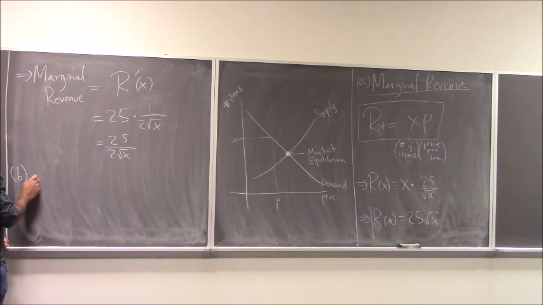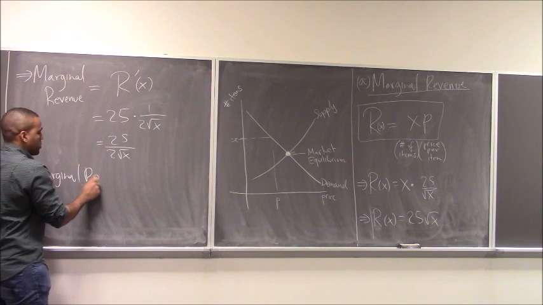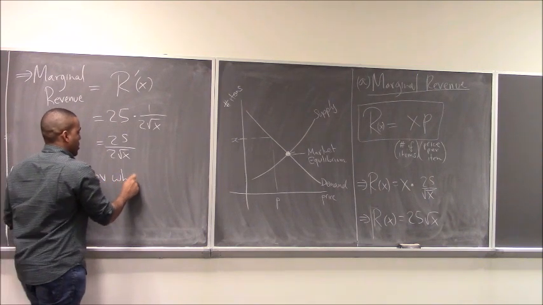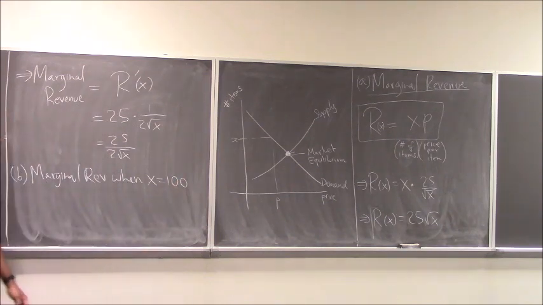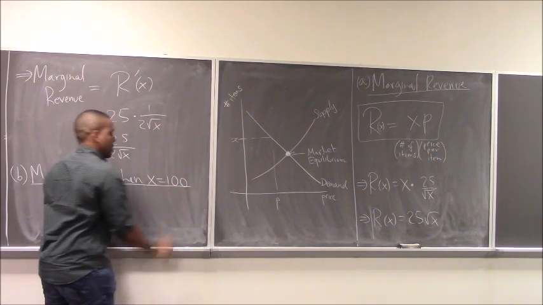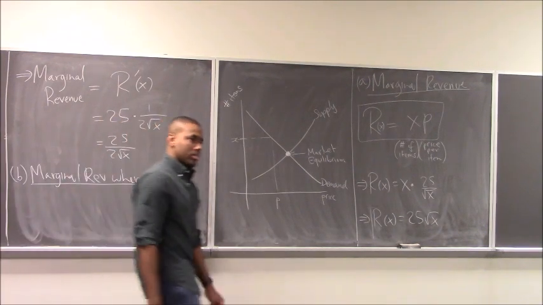So it says here, what is the marginal revenue when x equals 100? Not that I don't love you guys, but you guys are a lot of work.